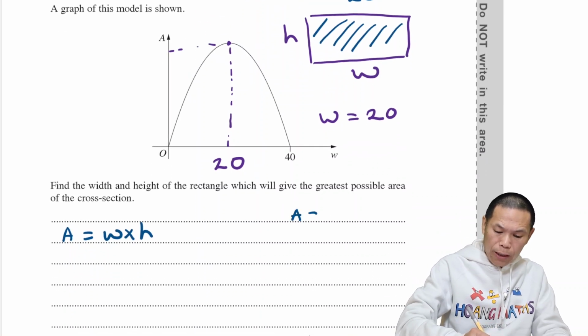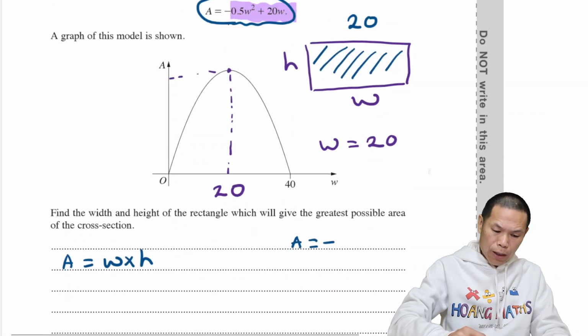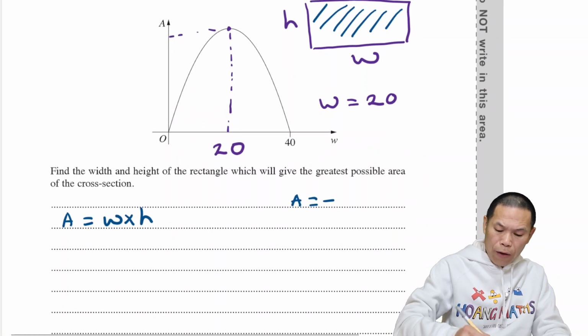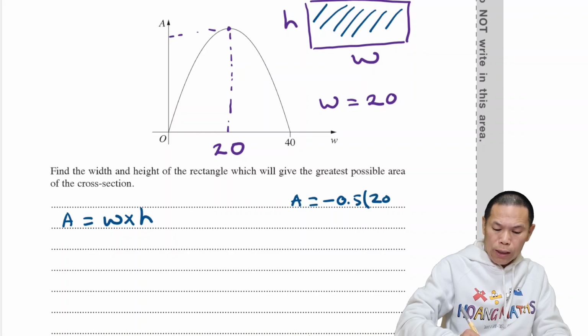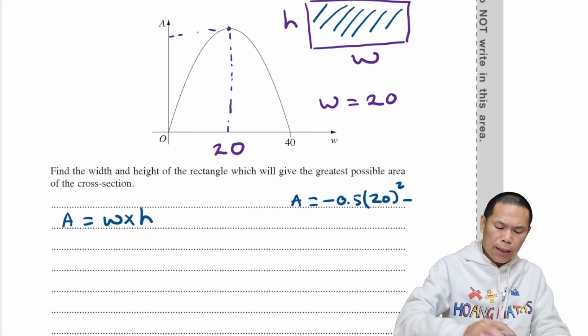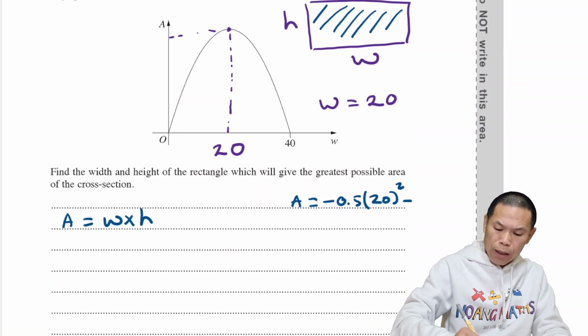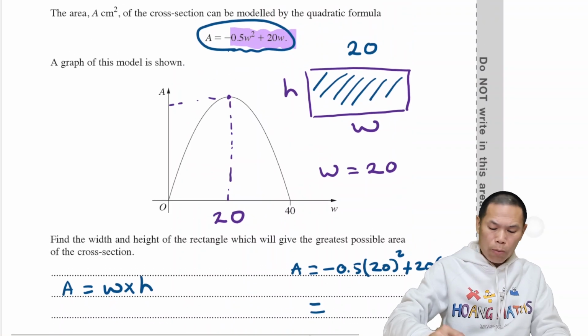A is equal to negative 0.5 W squared, W is 20, so 20 squared, plus 20W, that is 20. W is 20 as well. So I just substitute this in the formula.